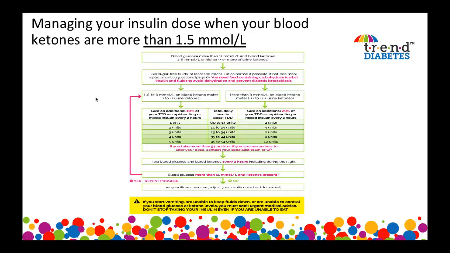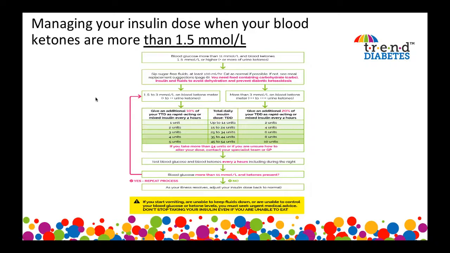And now we've got these 2 algorithms at the bottom. You either have an extra 10% of your total insulin dose, or you might have 20% if the ketones are more than 3 millimoles per litre. So it all depends on the ketones.